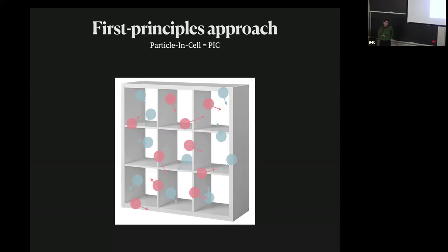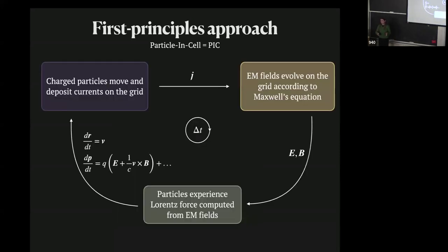You can imagine it being like your generic IKEA shelf, but obviously not 3 by 3. The grid is usually much larger, and you have a bunch of particles inside the domain, moving inside these shelves, and on the faces and edges of the cells you have electromagnetic fields. The simulation loop looks something like this.